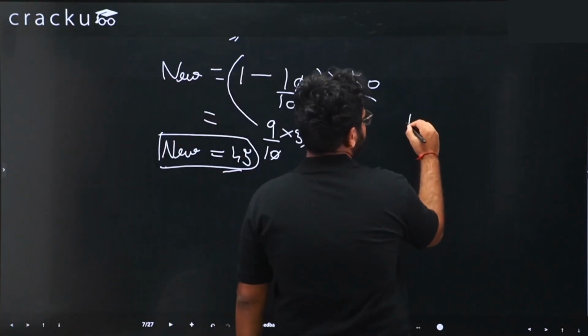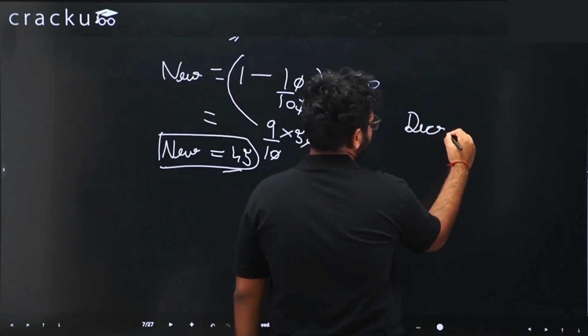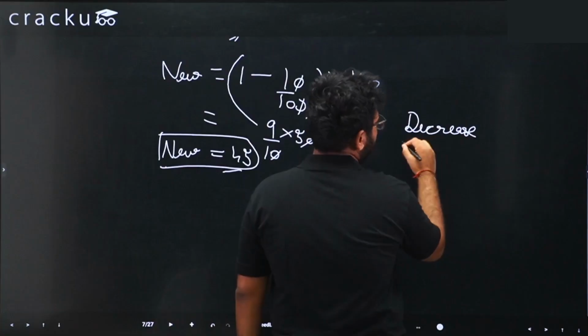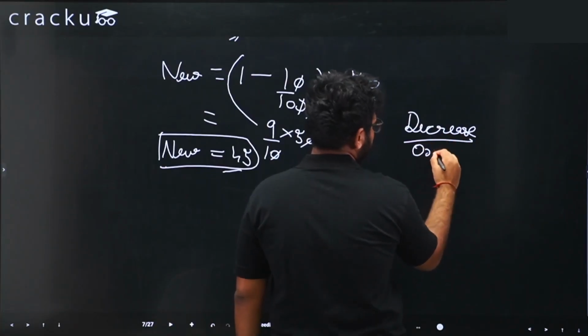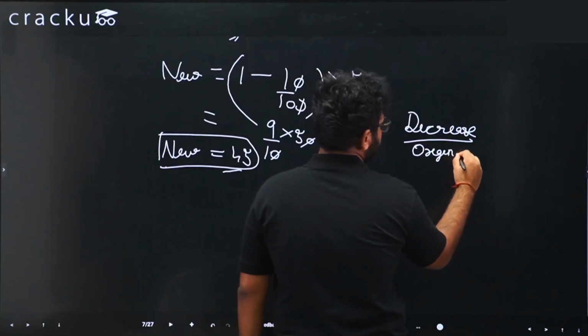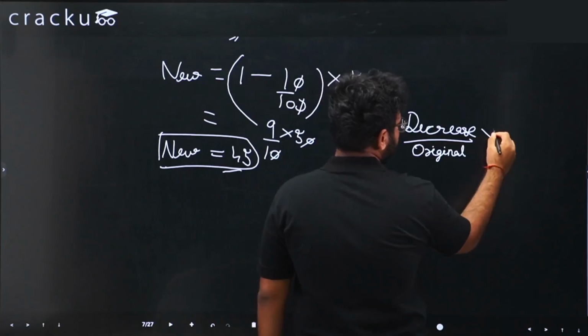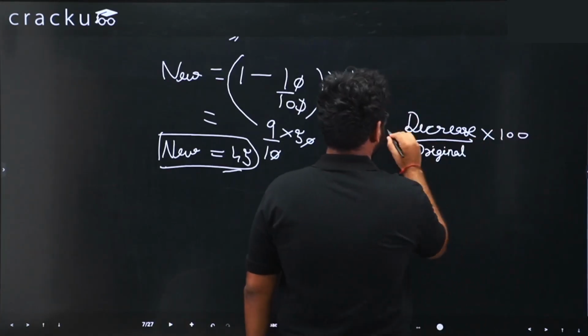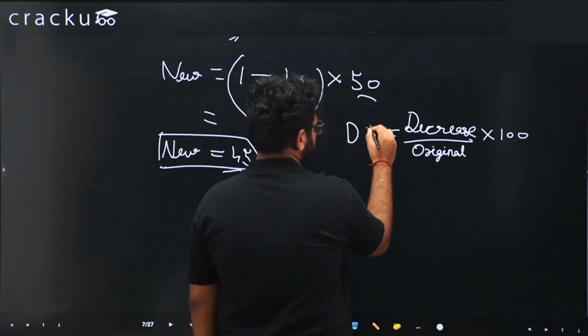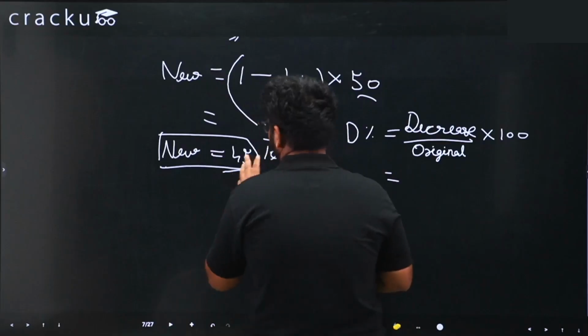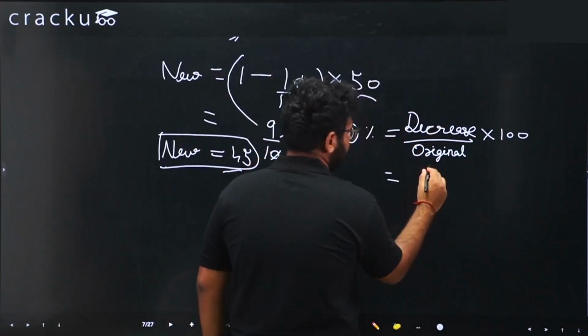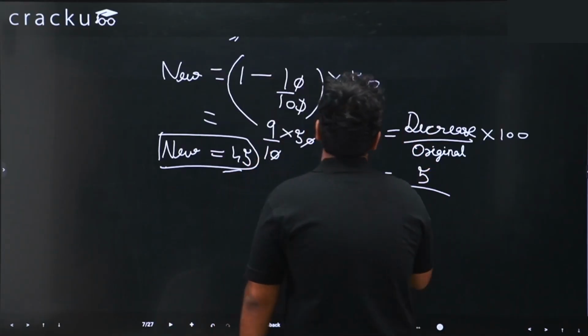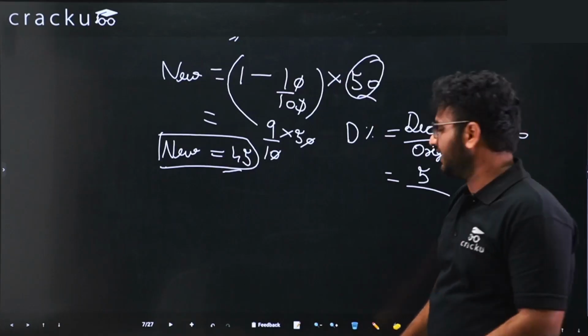So decrease upon original into 100 is equal to decrease percent. Decrease is 50 minus 45, which is 5. Original was 50 marks.